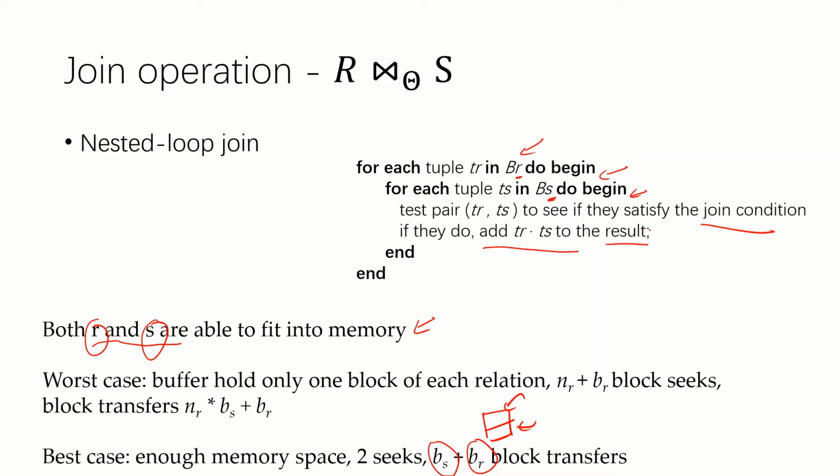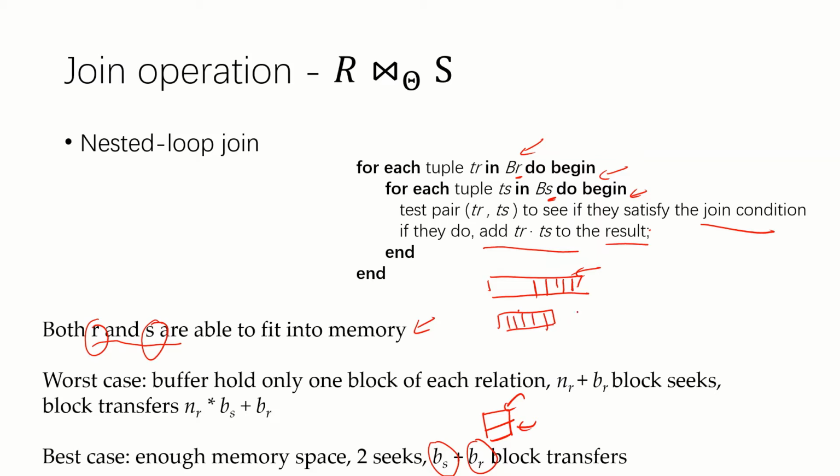So the worst case scenario is if the buffer only holds 1 block of each relation. So when it holds only 1 block, what happens is that I'm going to have an outer loop, and this outer loop is going to go through every single tuple, and for every single tuple, I need to go and look at each individual block.